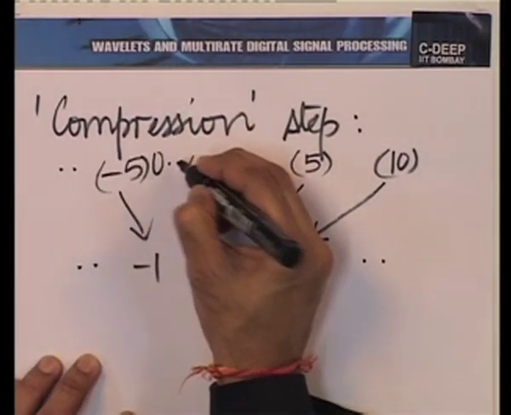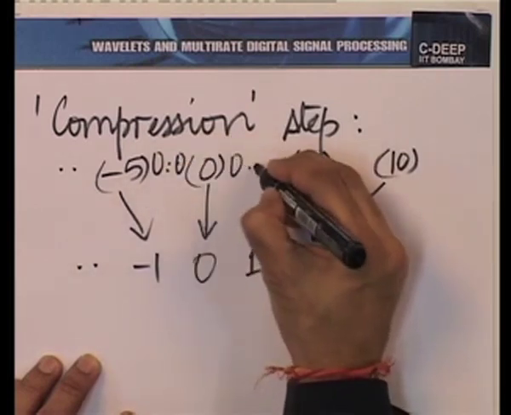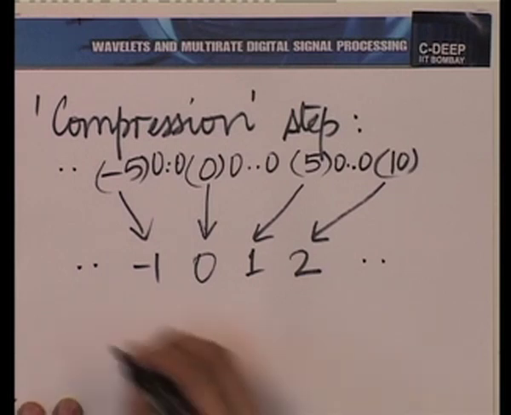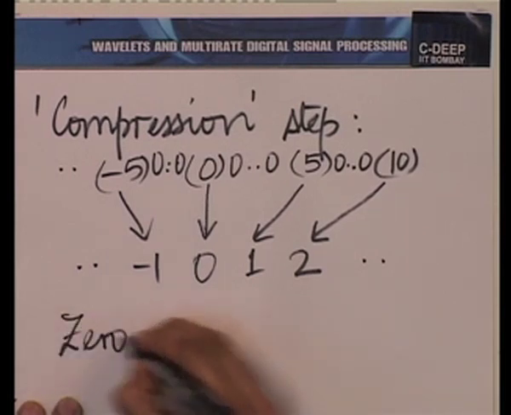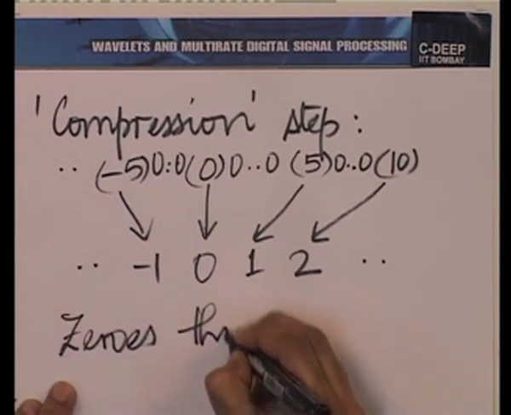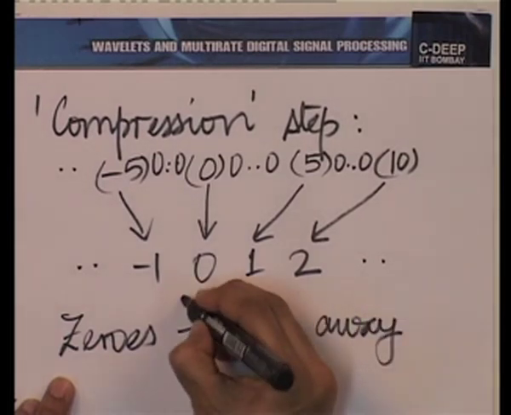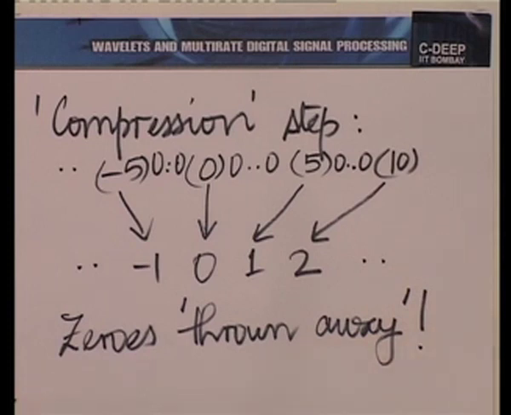And remember, there are zeros in between here which are simply thrown away. Zeros thrown away. So, now we understand how to generalize downsampling. In a similar way, we can generalize upsampling.